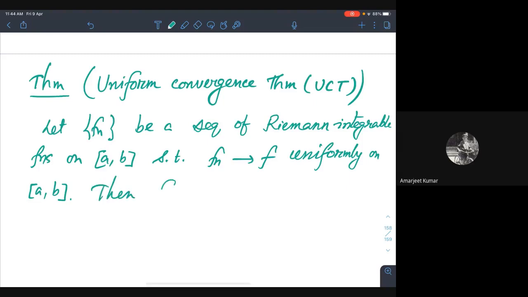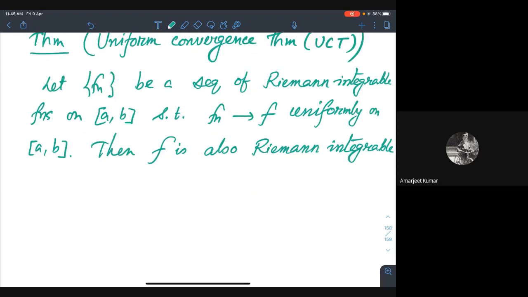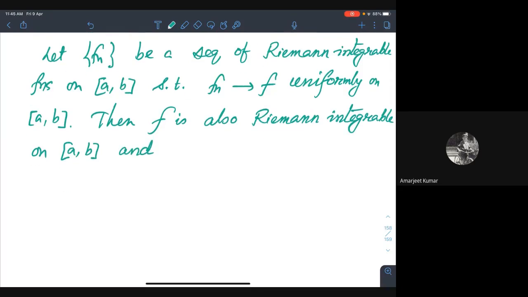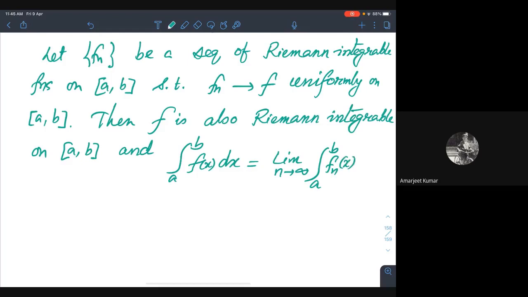Then f is also Riemann integrable on [a, b] and the integral from a to b of f(x) dx is the limit of the integral from a to b of f_n(x) dx. So now we can interchange the limit and the integration.